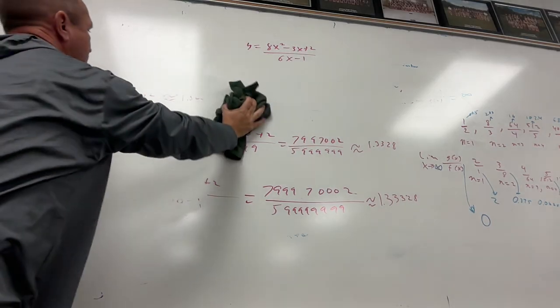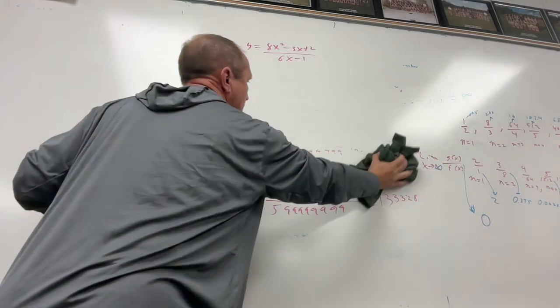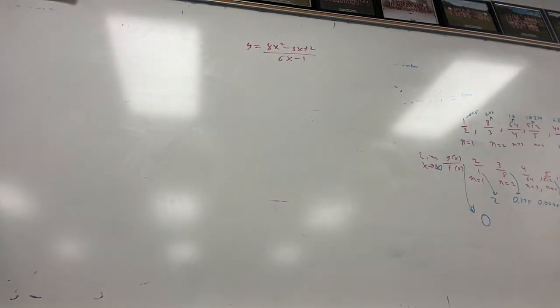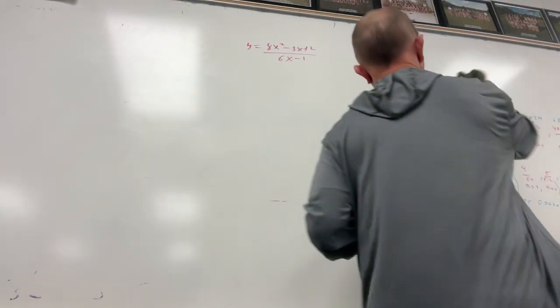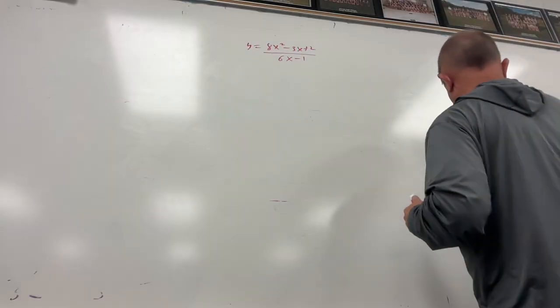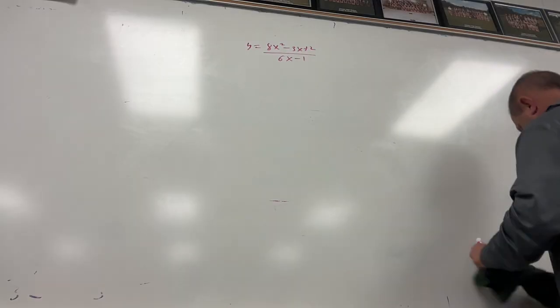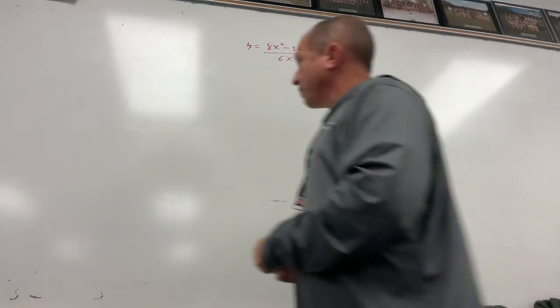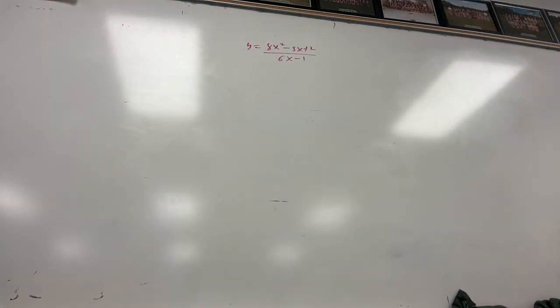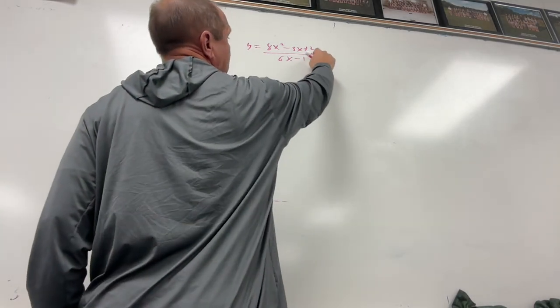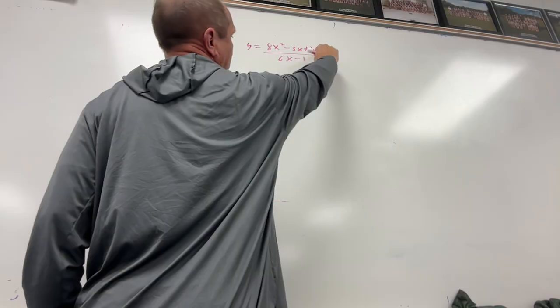And this is where we look to something called a slant asymptote, also known as an oblique asymptote. Now, if that's the scenario here, then what I'm going to do to figure out what that asymptote is, I'm going to see what this is if I divide this out. This is going to give me my slant asymptote.